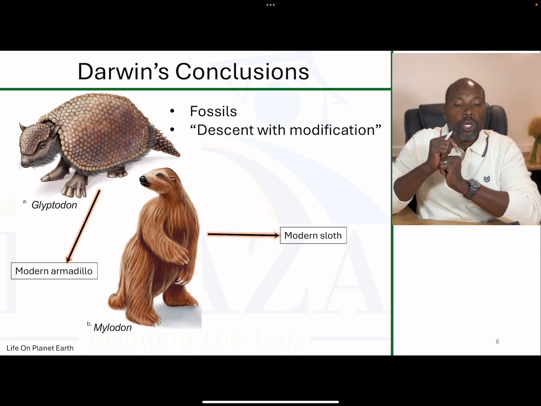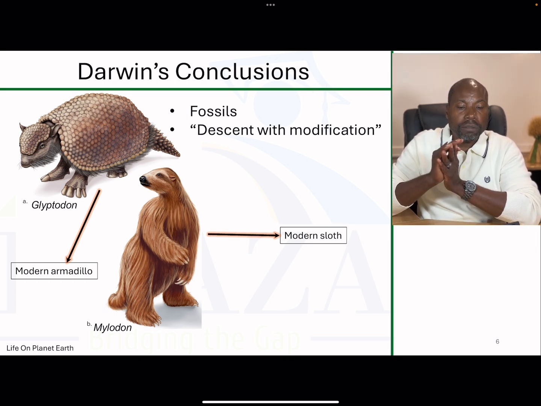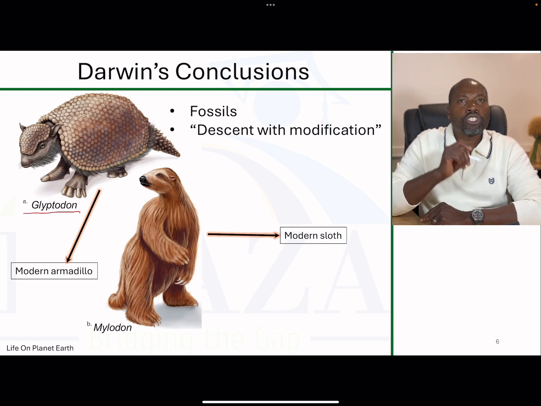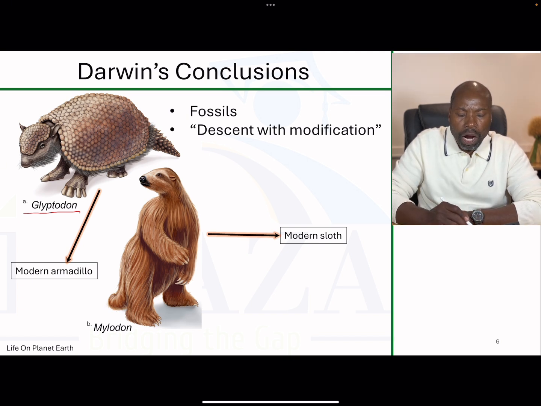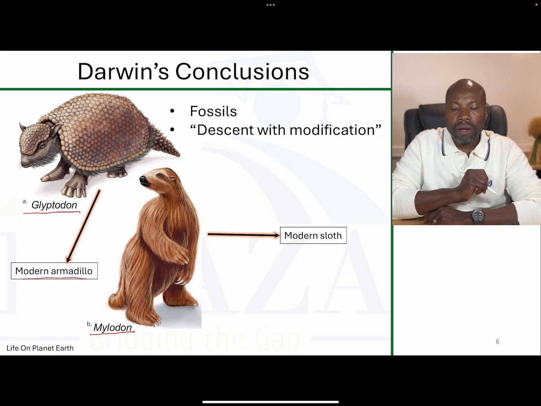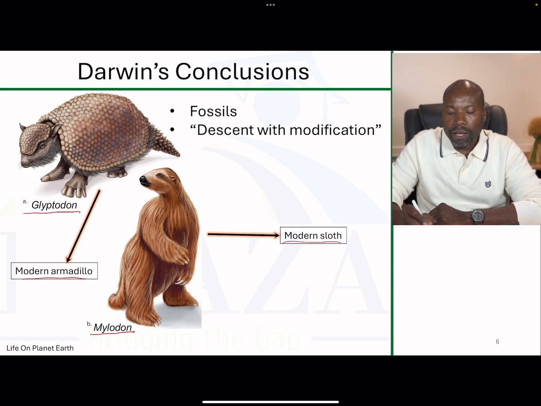So Darwin also observed, again traveling the world, that you had some fossils, including the fossil of the Glyptodon, that is strikingly similar to the modern armadillo, and the fossil of the Mylodon, that is strikingly similar to the modern sloth.